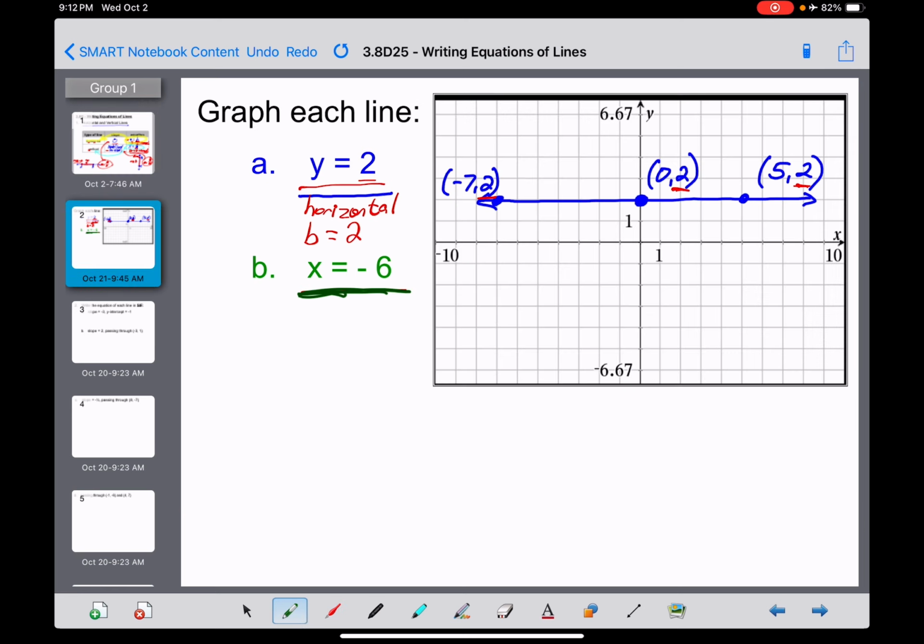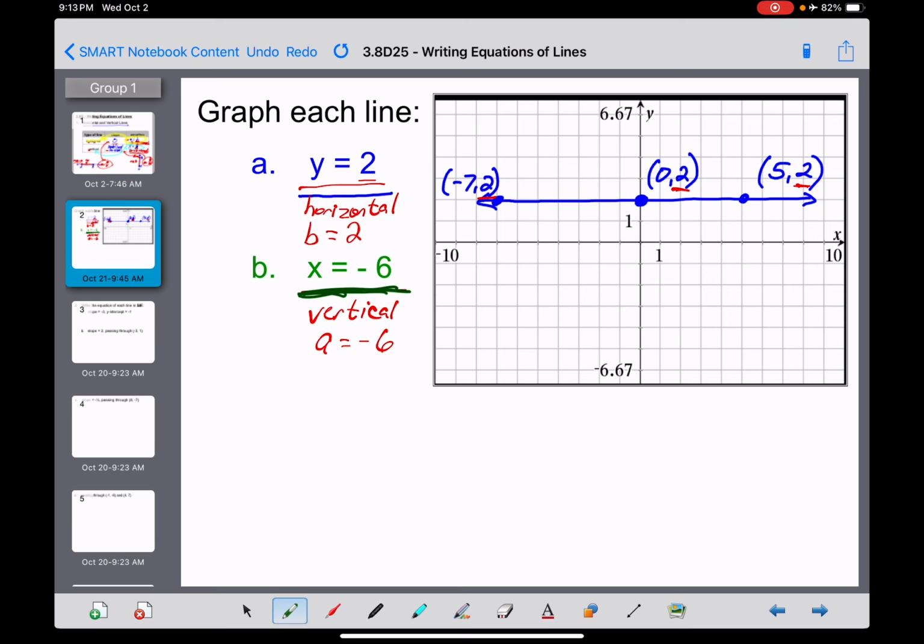So back to where we were just a second ago, x equals -6 is going to be a vertical line. Let's write that down. And our x-intercept, which is what we call a, is going to be -6 here. We don't spend much time dealing with x-intercepts. They work the same way as y-intercepts, except instead of crossing the y-axis, we now cross the x-axis at -6.